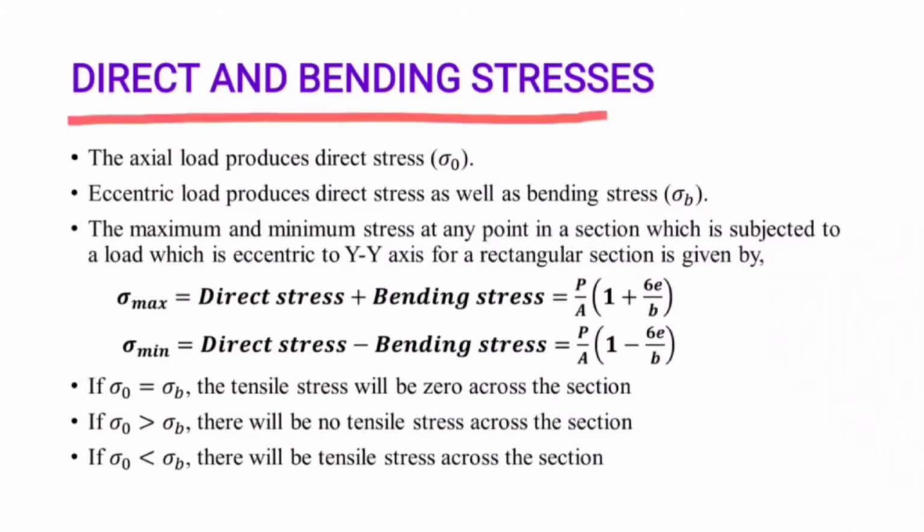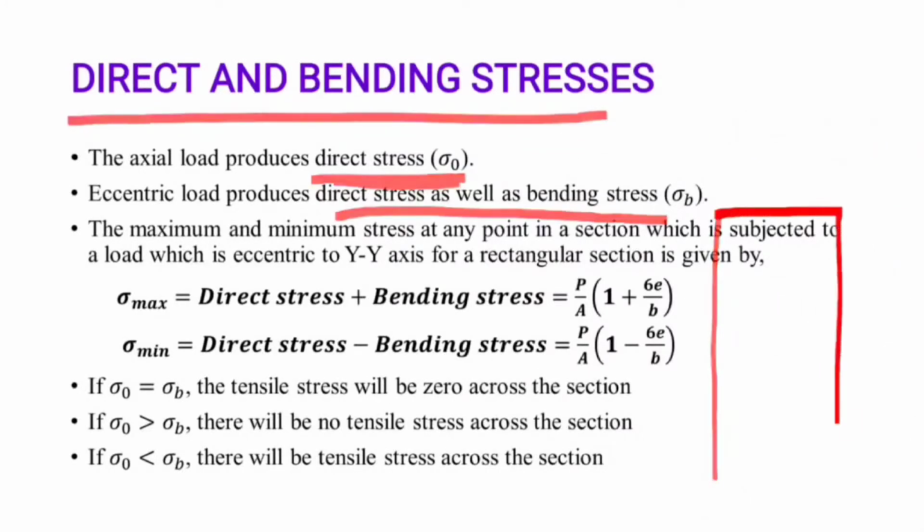Axial load produces direct stress. In the previous slide we saw axial load produces direct stress. Eccentric load produces direct stress as well as bending moment. Let's say this is a body.